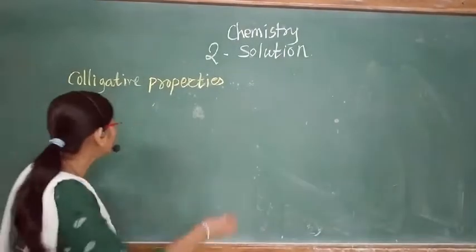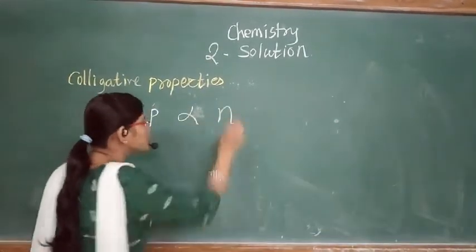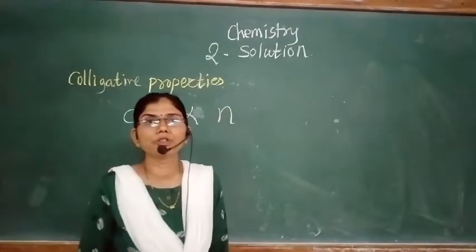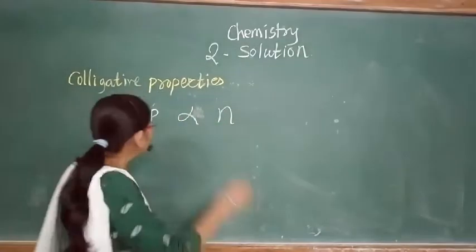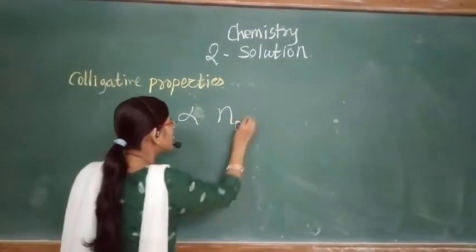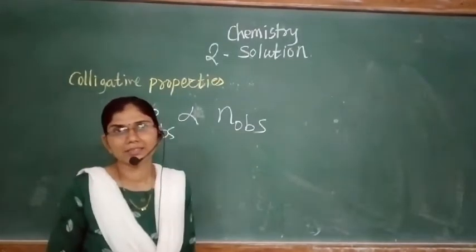As we know, colligative properties are directly proportional to n. Here, Cp observed is directly proportional to n observed, for the electrolytes.